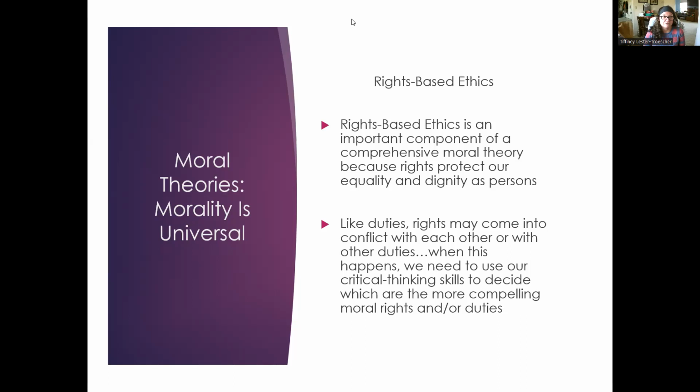You need to be able to critically evaluate all of them so that you can determine, okay, there's several moral rights involved here. There's some welfare rights and there's some liberty rights. Which ones are most compelling? Which ones are a little more important than the others that could determine the course of action we should take?